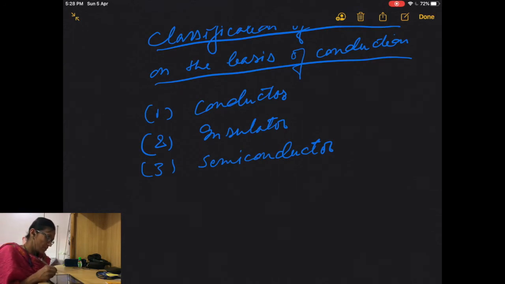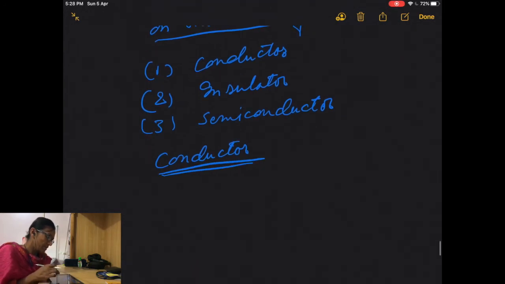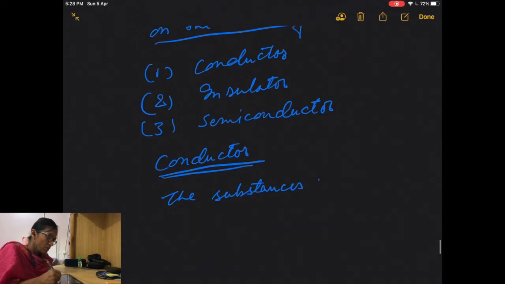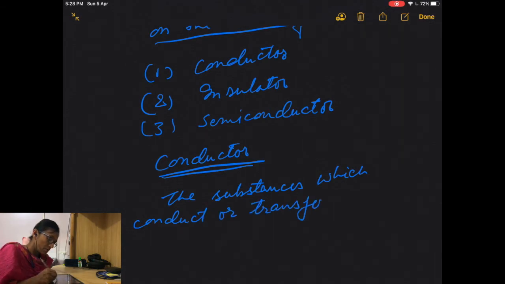Now let me describe the conductor, the first one. These are the substances which conduct or transfer the charges through them.